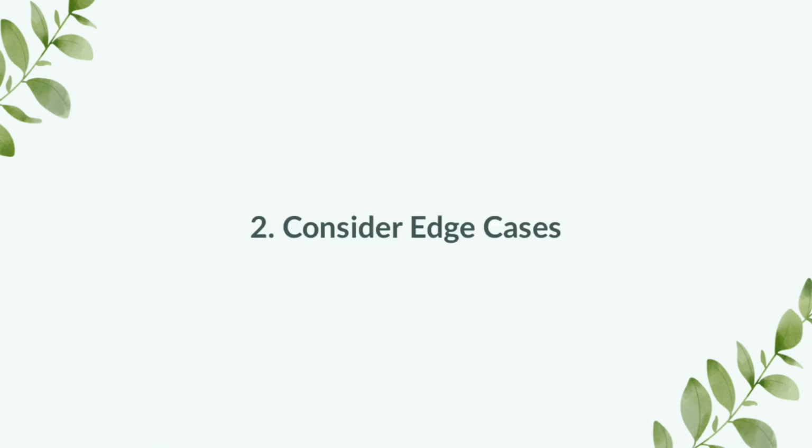Second, consider edge cases. Most designers are good at designing a main flow, a happy path, but what about the exceptions? Edge cases are less common scenarios that users might encounter. Ignoring them can lead to bugs or a last-minute fix later. For example, in the e-learning feature in the workplace, an HR manager needed to assign employees to courses.